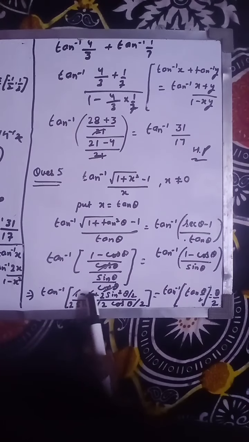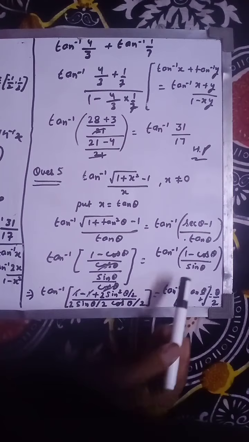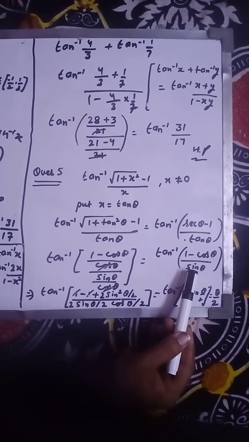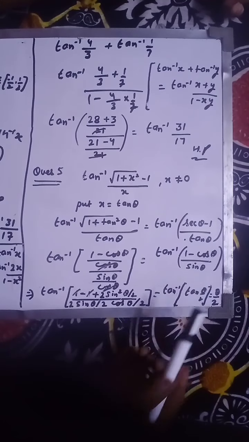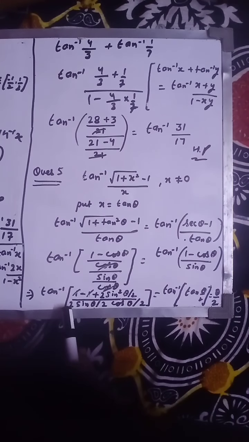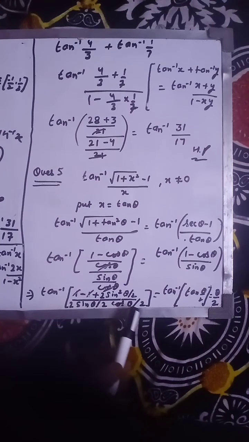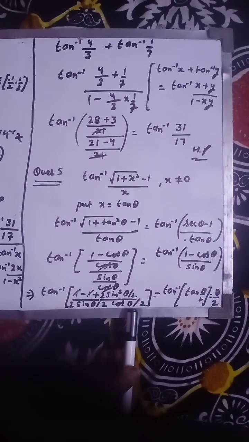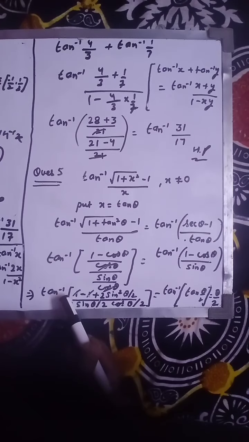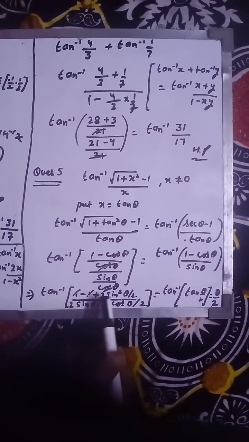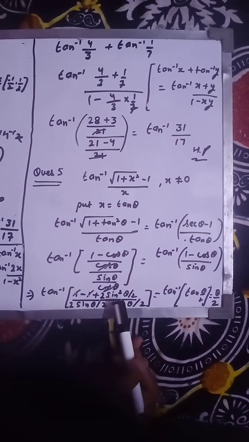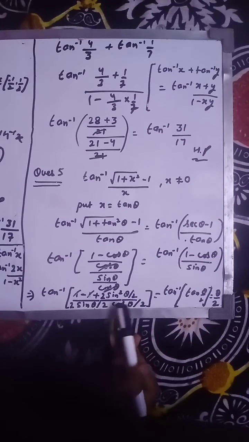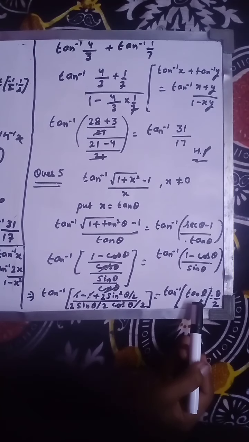When you put this in place of cos theta, you will get this term, and in the denominator in place of sin theta you put another formula, 2 sin theta by 2 cos theta by 2. After that 1 and 1 cancel out, 2 and 2 cancel out, sin and sin cancel out, and you will get sin theta by 2 over cos theta by 2, which is tan theta by 2.